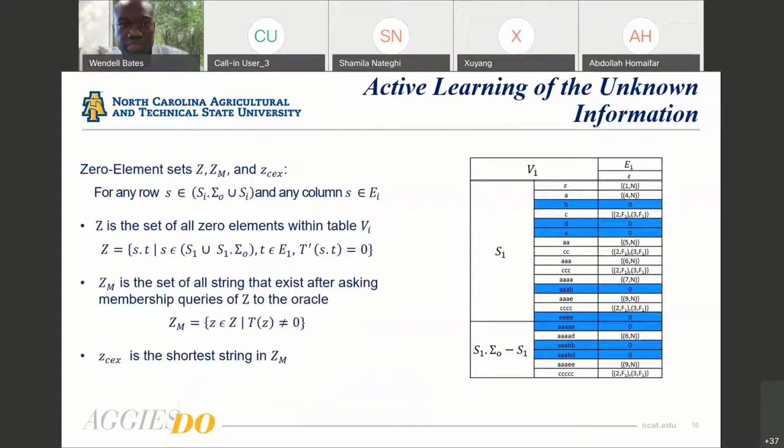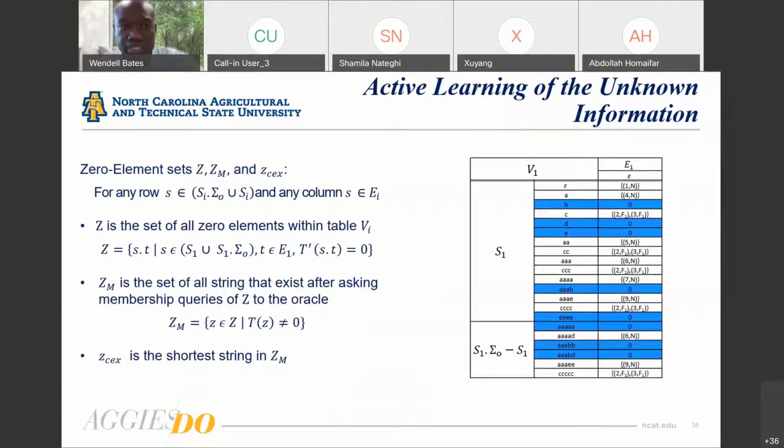So the zero element sets consist of Z, ZM, and Z counterexample. We don't need to look at anything we already have. We only need to focus on rows that are zero.